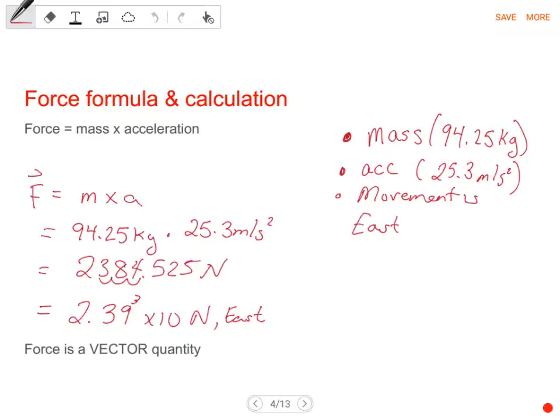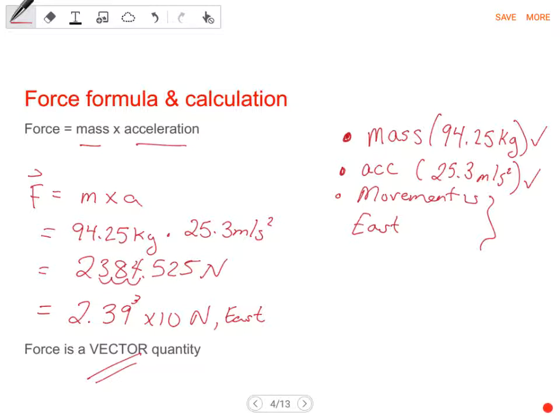Now, this is how you would calculate force. Force is mass times acceleration, okay? So I made some fake values here: a mass of 94.25 kilograms, acceleration of 25.3 meters per second squared, the movement's to the east, because force is a vector.